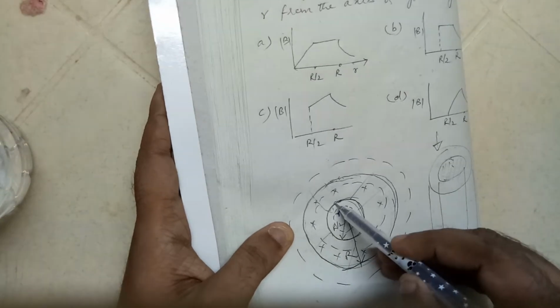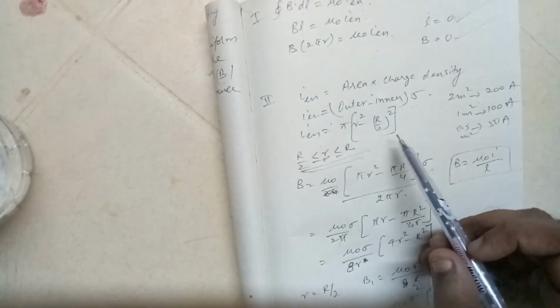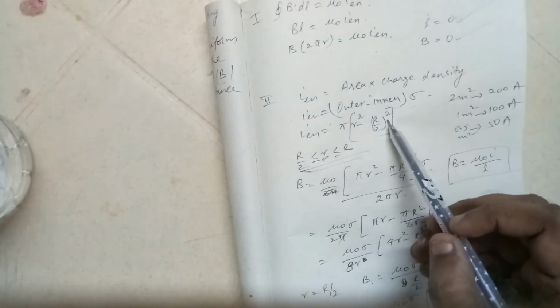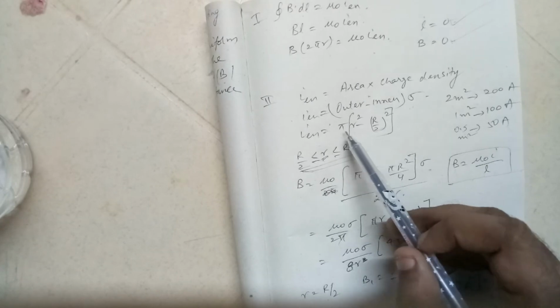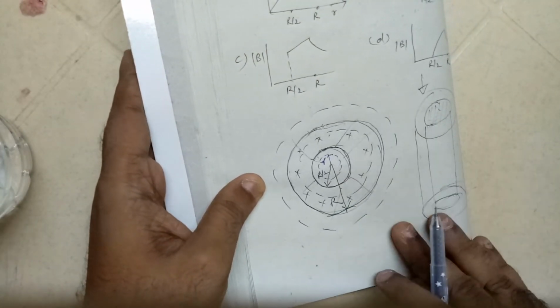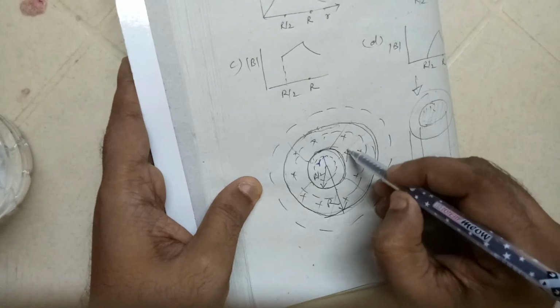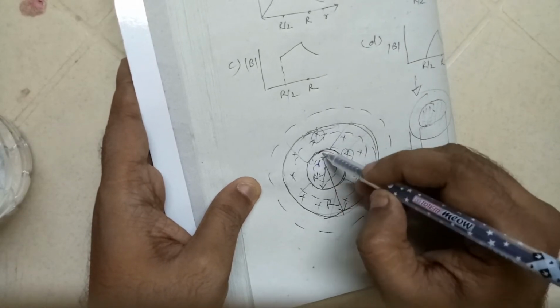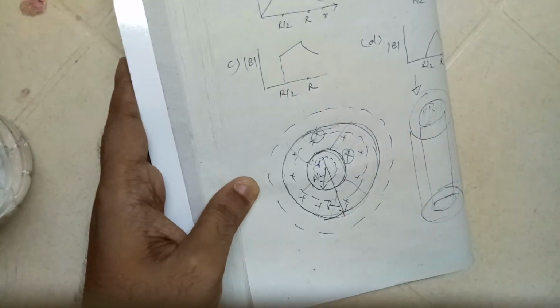The loop is starting from here, R by 2. So my inner area will be pi R by 2 whole square, and my outer area will be pi into small r square. So I can take any point in between and find out the magnetic field. I can take a point here, I can take a point here inside this area, and I can find out the value of magnetic field.